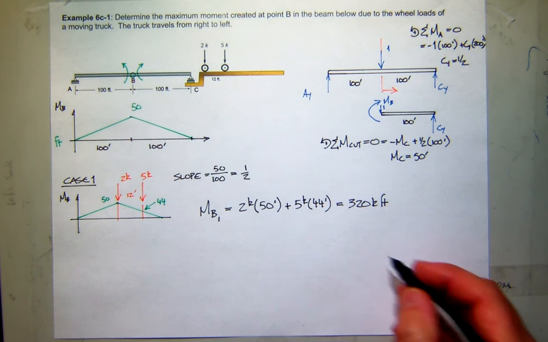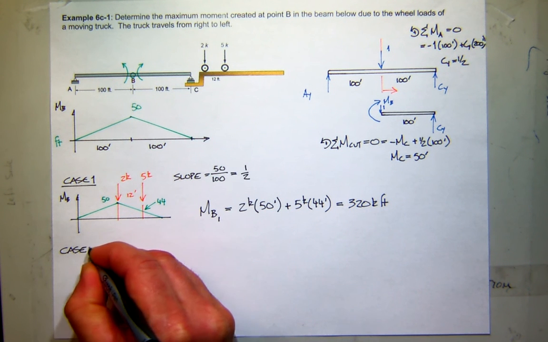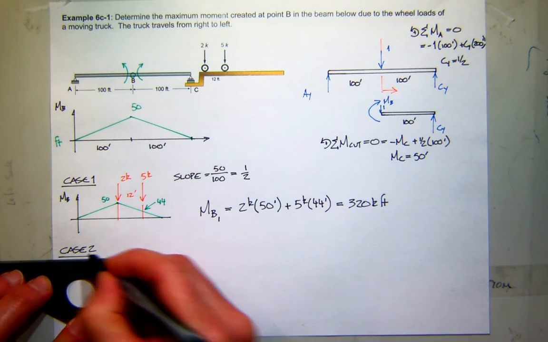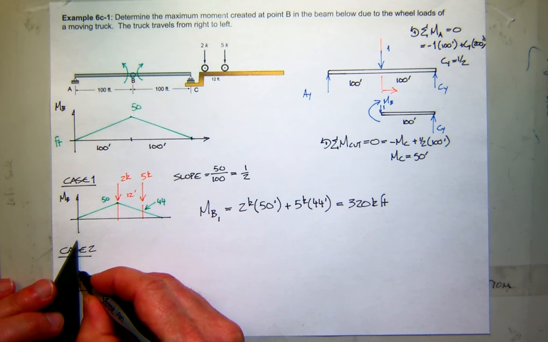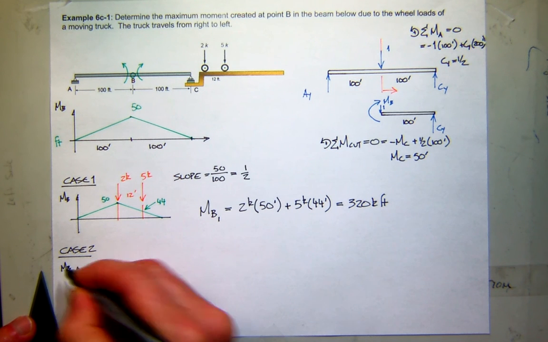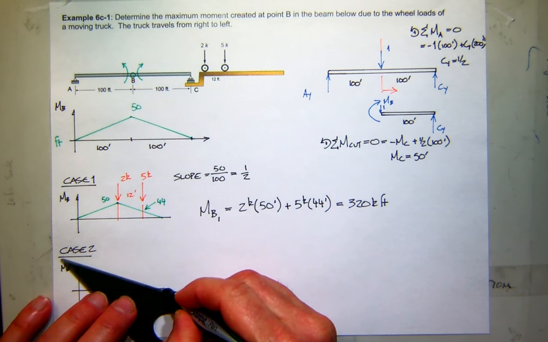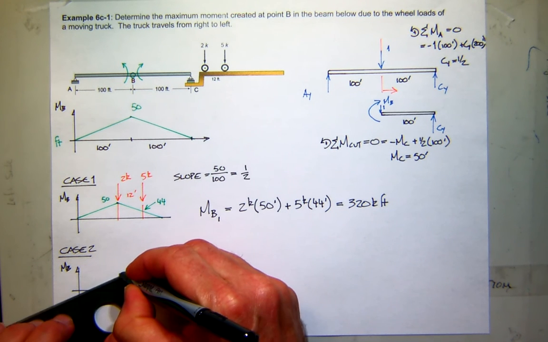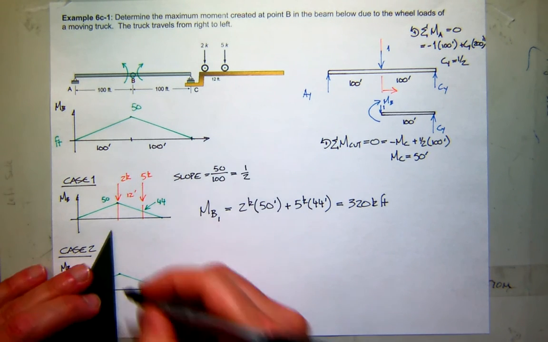Okay. So now the second case, I have the same influence line for the moment at B. Let me sketch that in to keep track. You don't have to do it this way if you don't like. I like to do it just to keep track.